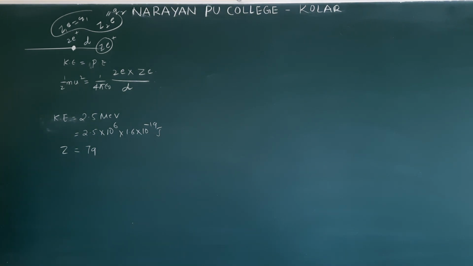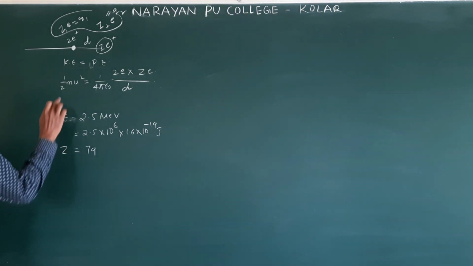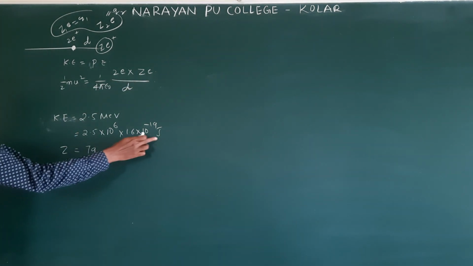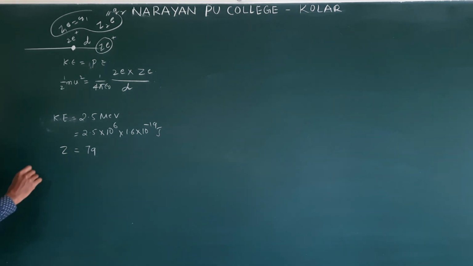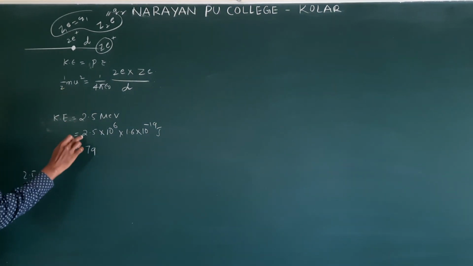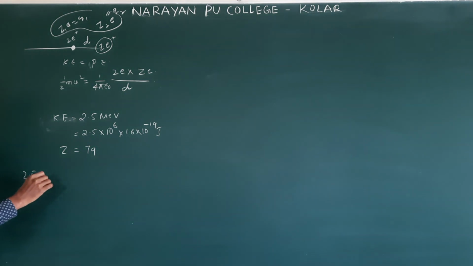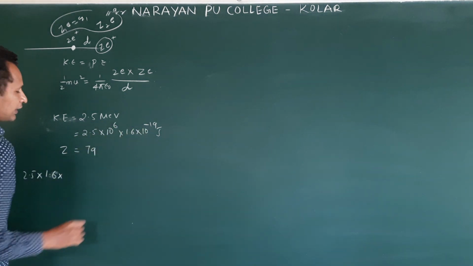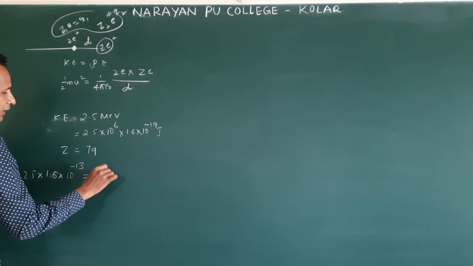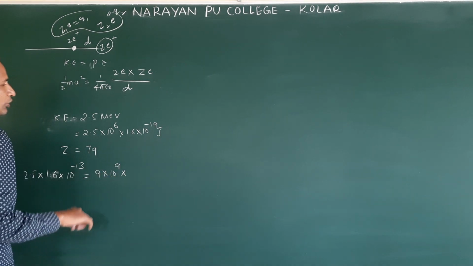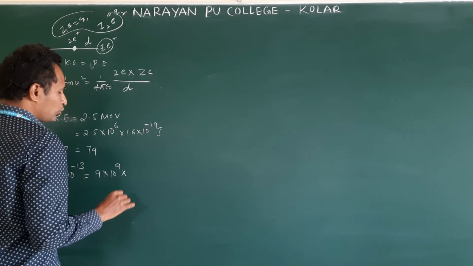What are they asking? Closest approach. So how do you write? Kinetic energy is equal to this one. Already we have the kinetic energy. Either we make d the subject or we do it directly. What do you get? 2.5 into 10 power minus 13 is equal to 9 into 10 power 9 into, for the alpha particle, how many protons are there? 2 protons.